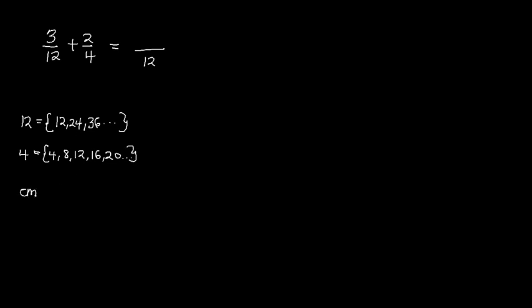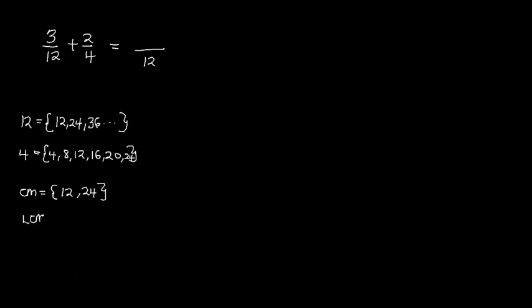If you look at the common multiples, you realize that you have 12 here and 12 here. So we have 12. And if I were to continue from here, I will have 24, which will also be a common multiple.